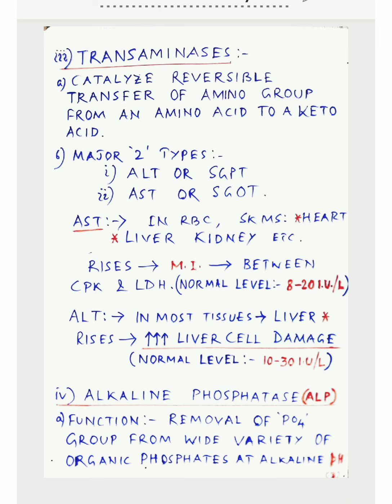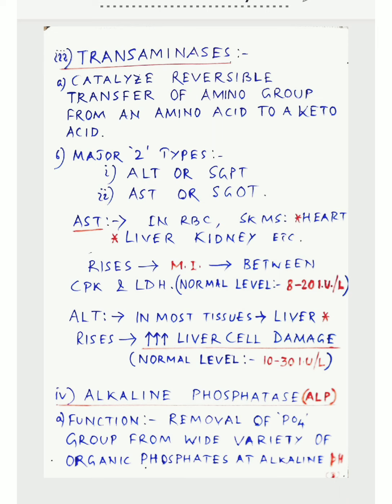The two major transaminases are ALT, alanine transaminase, also called SGPT, or serum glutamate pyruvate transaminase, and the second one, AST, aspartate transaminase, also called SGOT, or serum glutamate oxaloacetate transaminase. SGPT and SGOT are more popularly used in clinical practice.